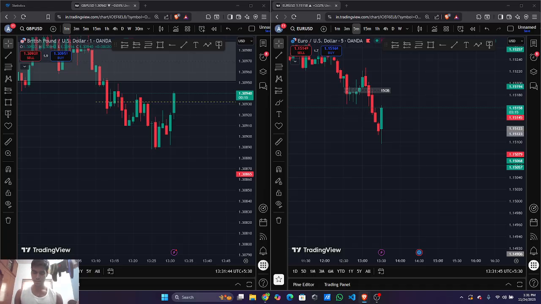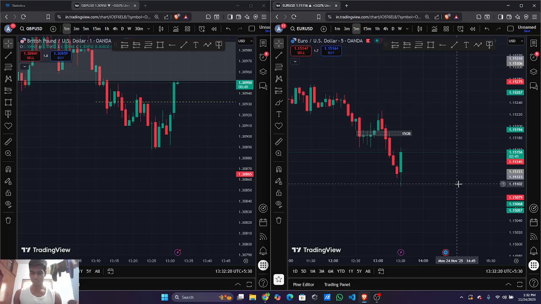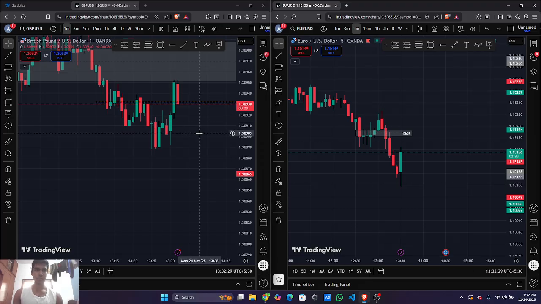And SL. 3 breakout structure. This is a good manipulation.